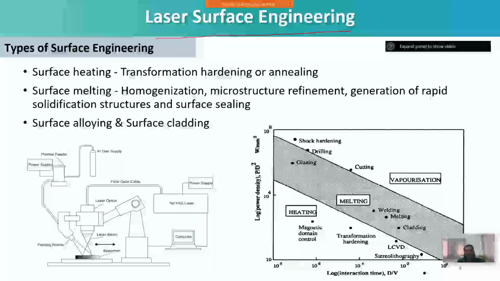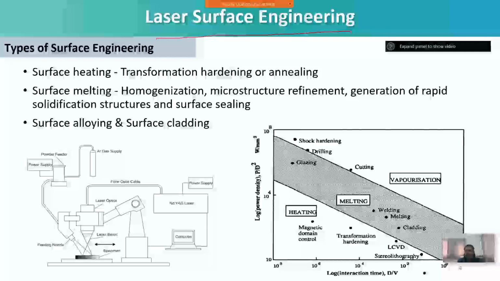In certain cases, it is a unique process where other processes cannot compete, where it provides a very good improvement in surface property. And this is a process which gives metallurgical bonding to the substrate material, which other processes cannot give. In such a way, a lot of interesting advancements are coming in laser based surface engineering technology.